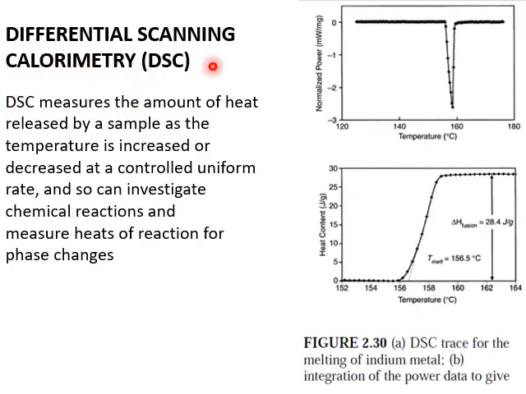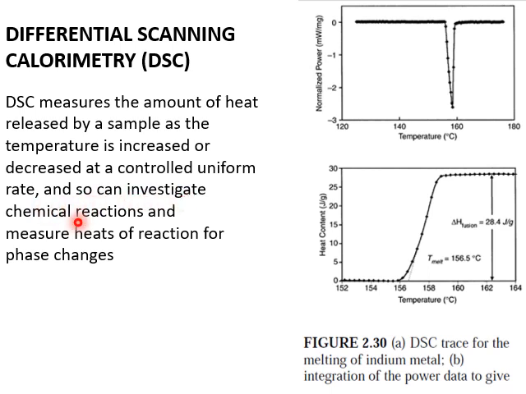The third technique in thermal analysis is differential scanning calorimetry, also called DSC. DSC measures the amount of heat released by a sample as the temperature is increased or decreased at a controlled rate in the furnace.